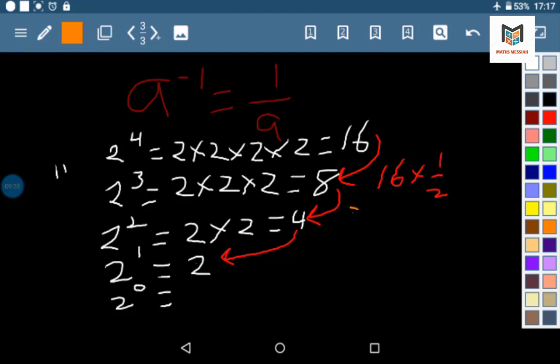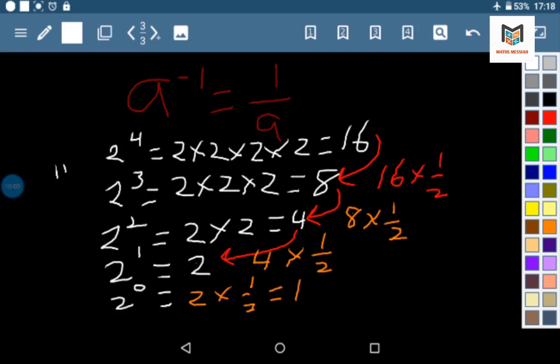Half of 8 will give us 4. And here too, half of 4 will give us 2. So this place suggests that half of 2 will give us what? 1.